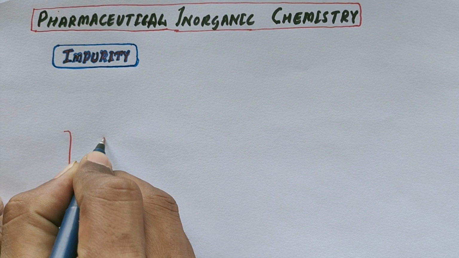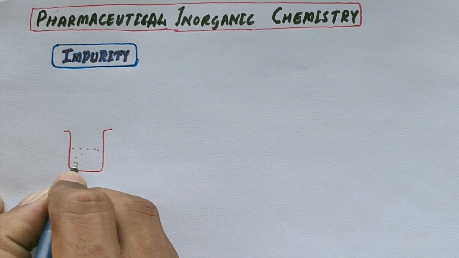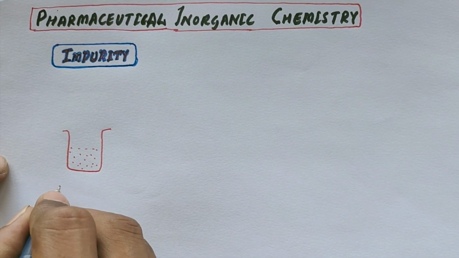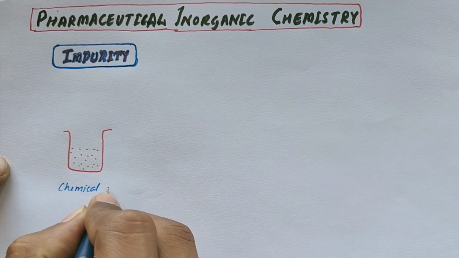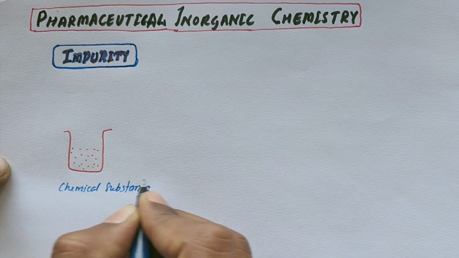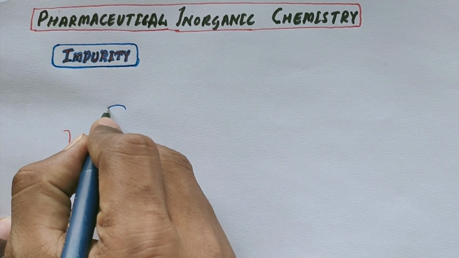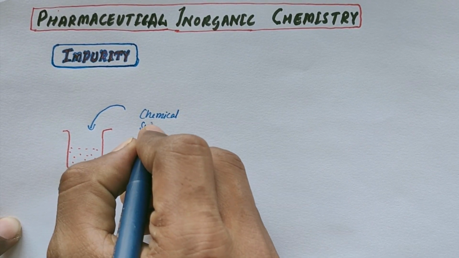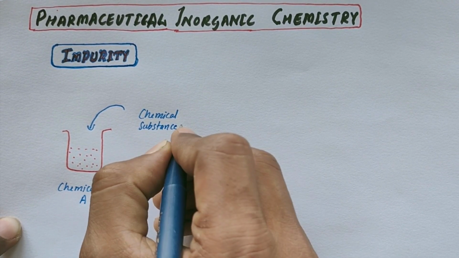So suppose there is a substance called chemical substance A, in which there is another chemical substance B or anything.